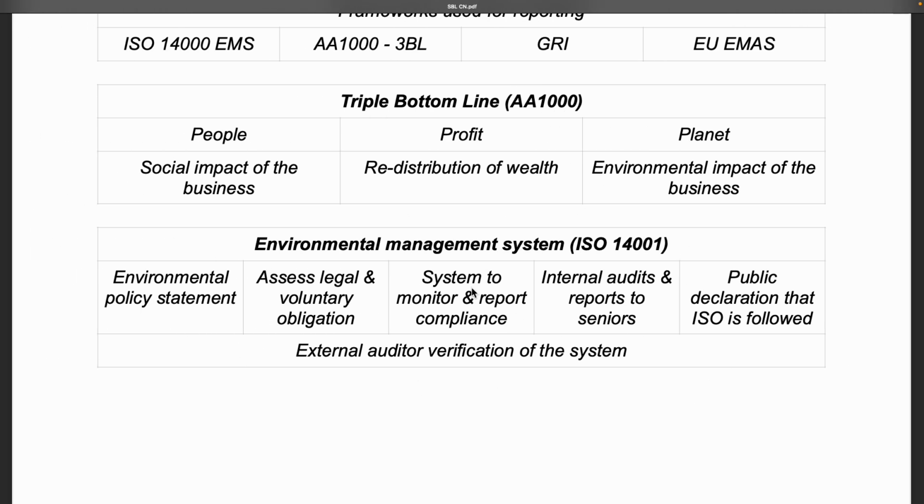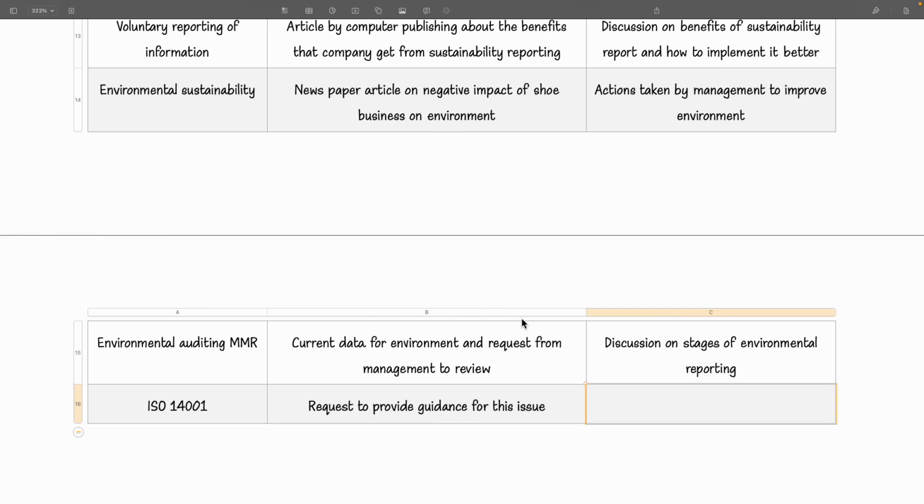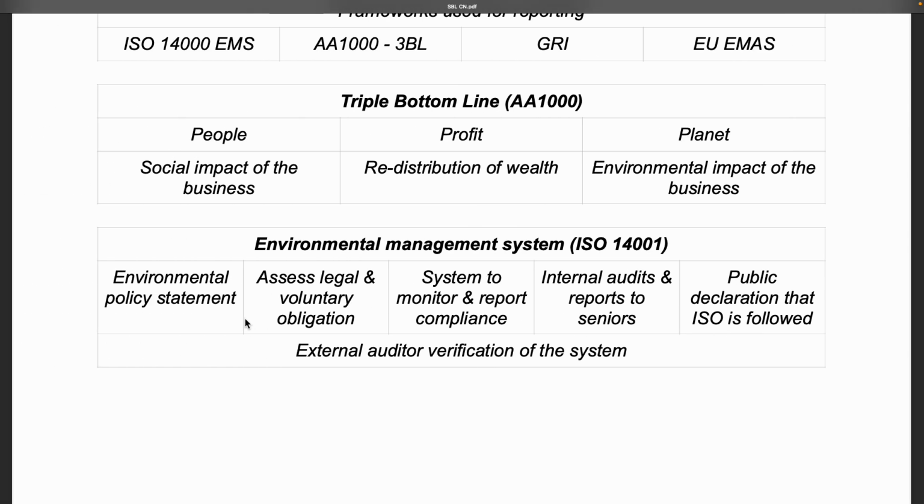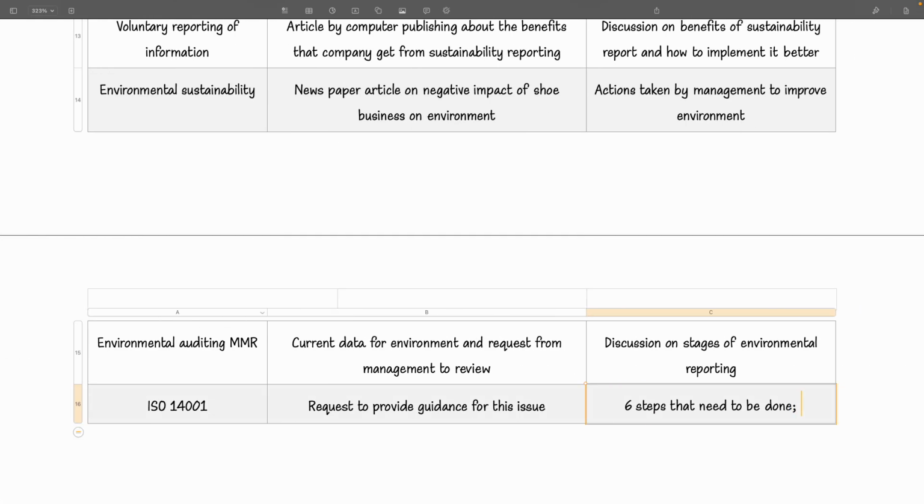Outcome is the 1, 2, 3, 4, 5, 6 steps. So you need to go policy, legal obligation.